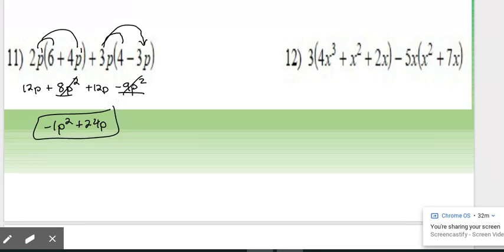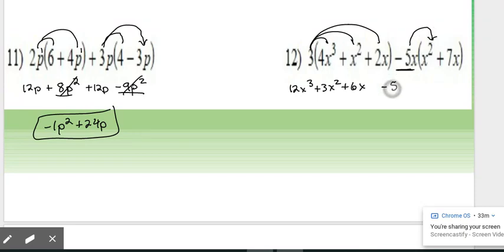Number 12, distribute the 3. So it'd be 12x to the third plus 3x squared plus 6x. Now, this one, you better be very careful that you multiply this correctly. That is a negative 5x. Negative 5x times x squared is negative 5x to the third. Don't forget when you multiply x's, you have to add exponents.